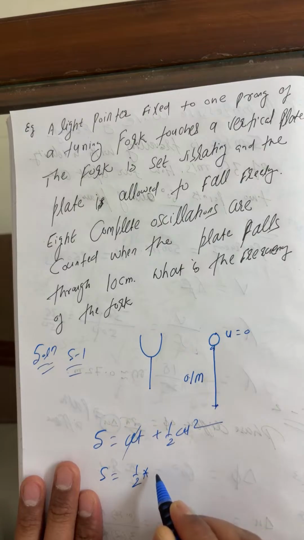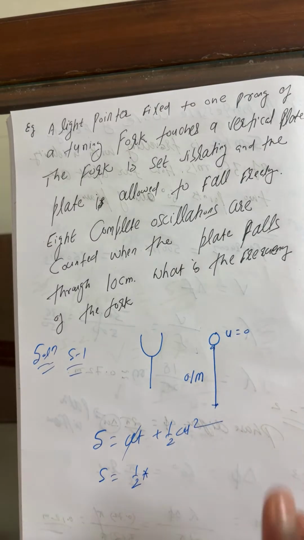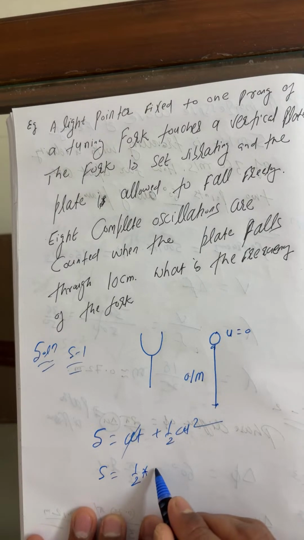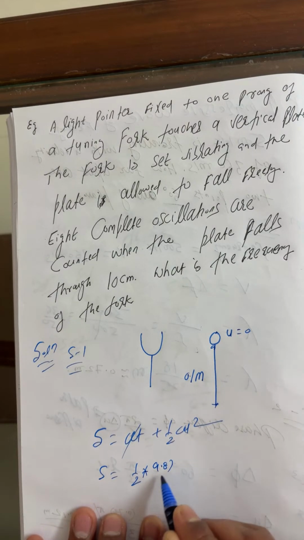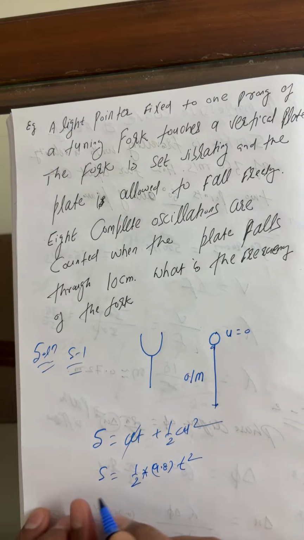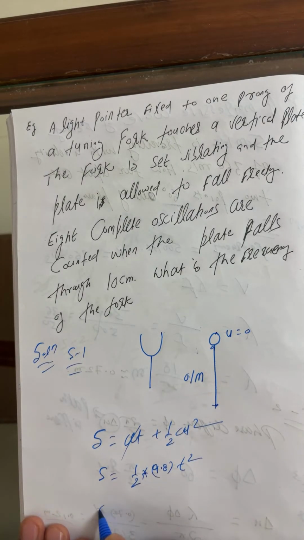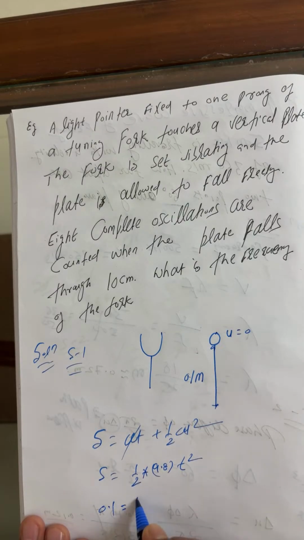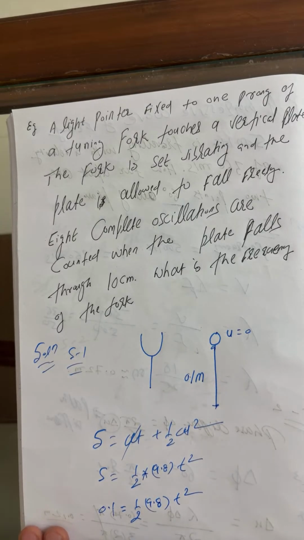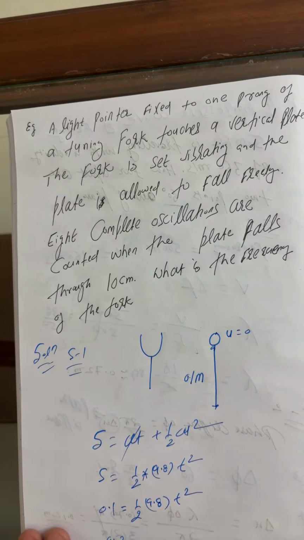You can take g as 10 if mentioned; if they didn't mention it, take 9.8 only. Here s is 0.1, so 0.1 equals 1 by 2 into 9.8 into t square. So 0.2 equals 9.8 into t square.